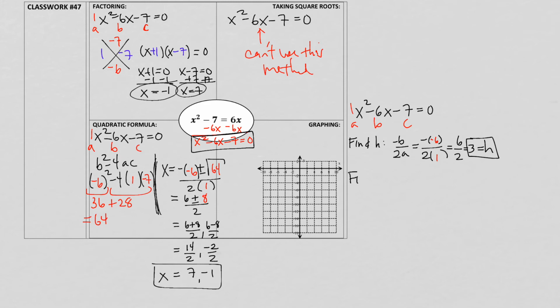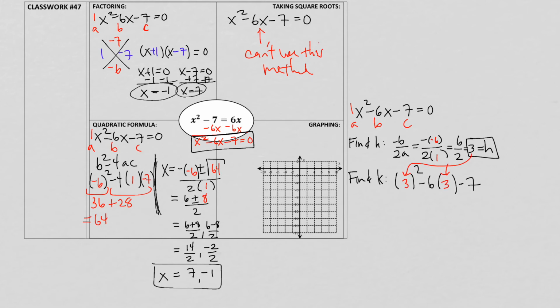To find k, the other part of the vertex, I take the original equation, copy it again, so x squared minus 6x minus 7, and I can input the h that I just found into where x was at. So a 3 and a 3.